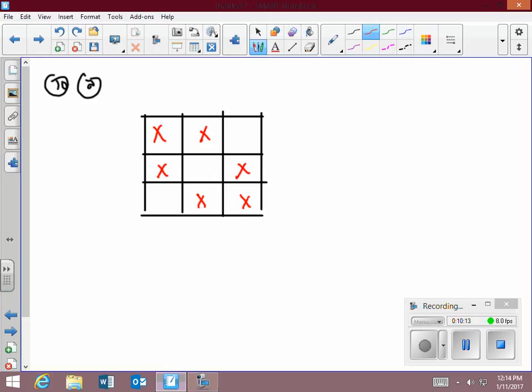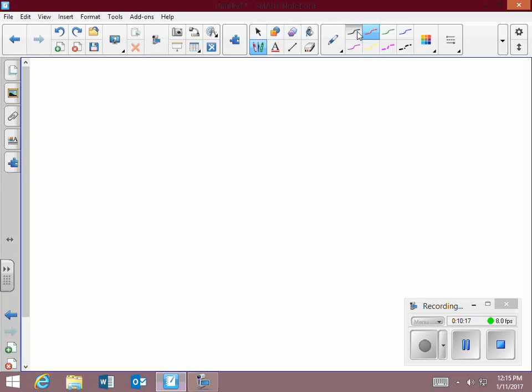Okay. 12. It says how can 18 cubes be stacked so the minimum number of sides is exposed? 18 cubes stacked so the minimum number of sides are exposed.